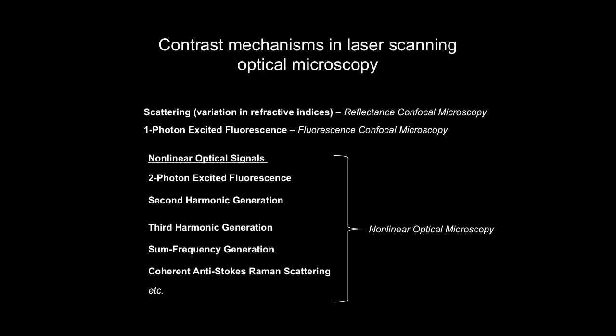We didn't talk at all about nonlinear optical microscopy, but we will. It's based on a bunch of nonlinear optical signals, and we'll talk more about three of them: two-photon excited fluorescence, second harmonic generation, and coherent anti-Stokes Raman scattering.